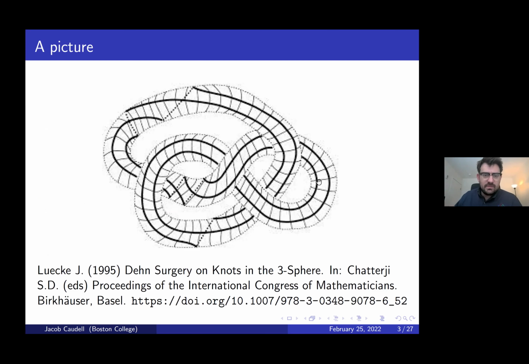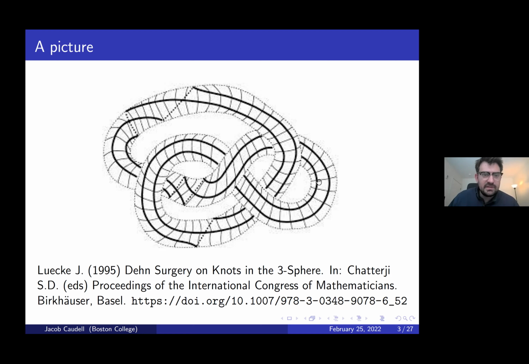But I want to start out with a picture. Dehn surgery is the main construction I'll be talking about today. It's the main cut and paste tool in three-dimensional topology that I care about. I apologize for the resolution on this.